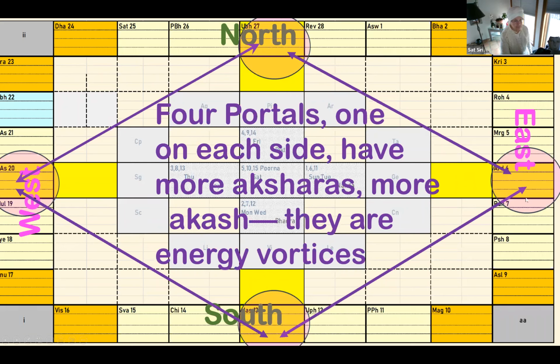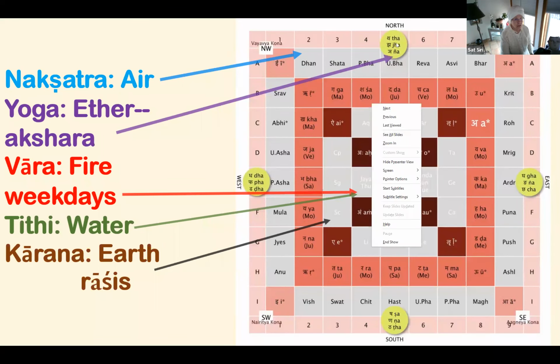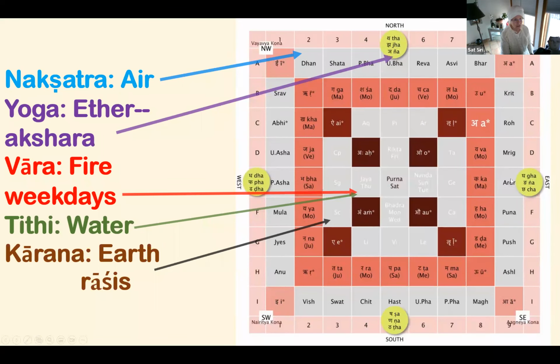You can think of it as a vortex where, we saw on this other picture that we have aksharas in these central portals. There are extra aksharas there because there's more akasha, there's more power in those because they're opening up to the higher planes. So that's also good to know.